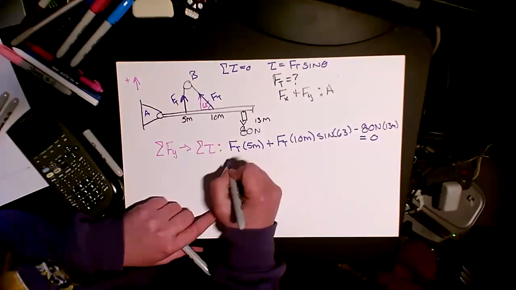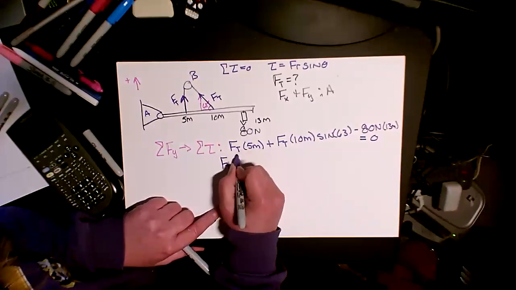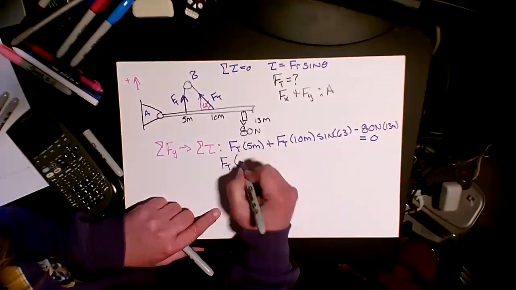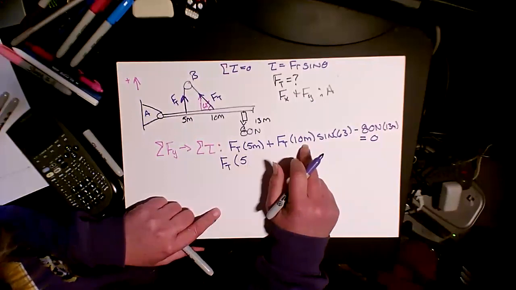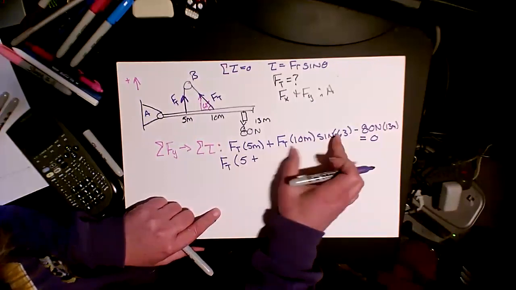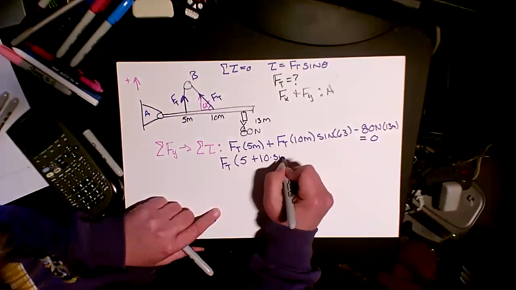So I can rewrite this. I'm going to factor this force of tension out. So I pull that out, that leaves me with 5 meters here. And then plus these pieces here, 10 meters times sine of 63.